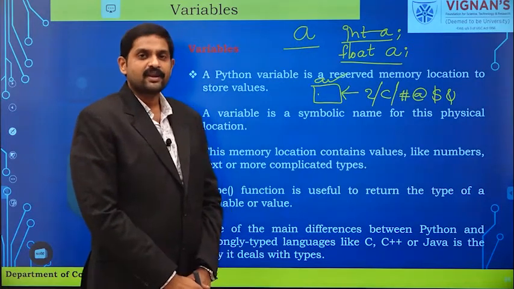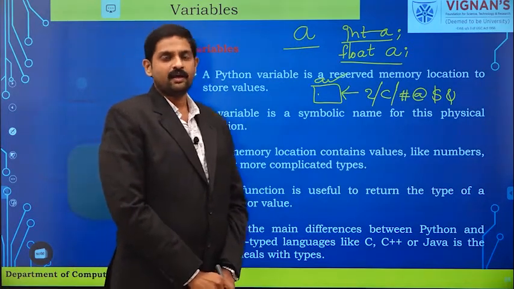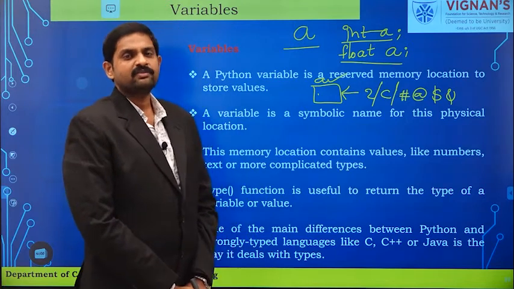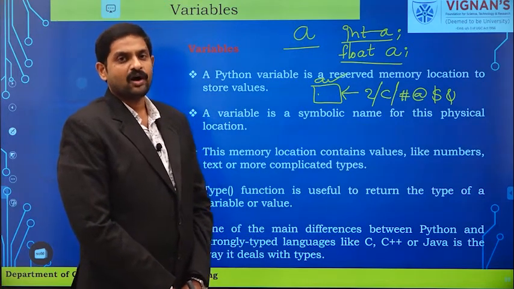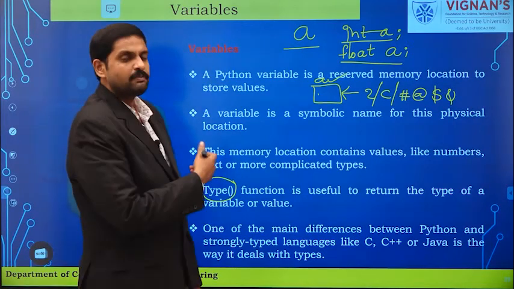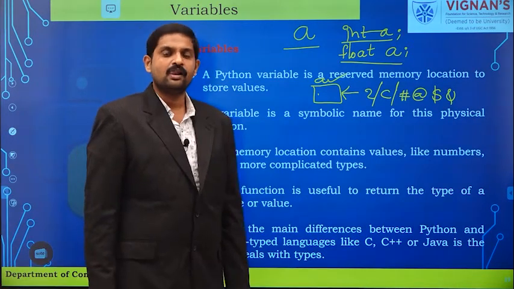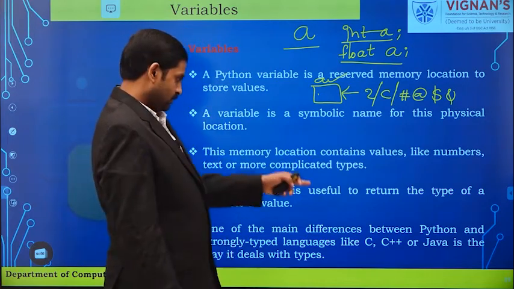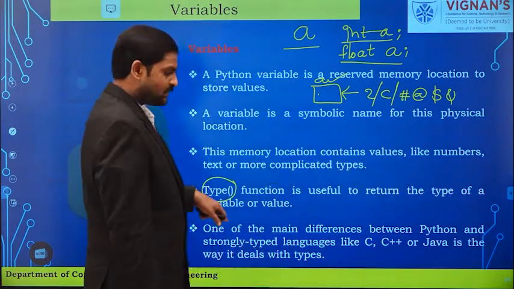The type of the variable can be known by using the type function, which returns the type of the variable.